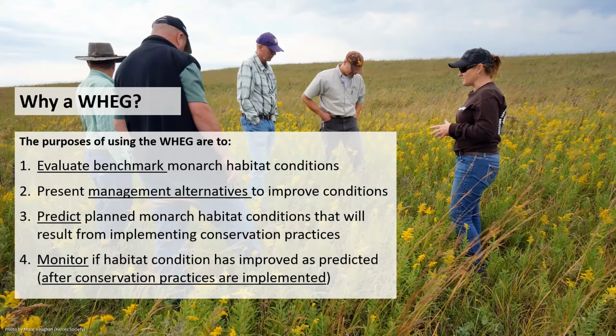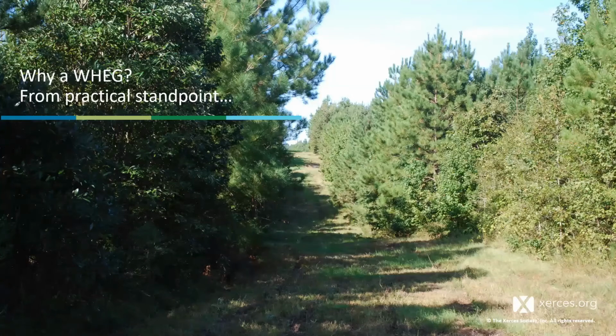So from a very practical standpoint, why a WHEG? I think the Monarch WHEG is very important for folks to use, especially with NRCS, but anyone listening right now could use the Monarch WHEG to evaluate monarch habitat. I'll use this photo as an example.